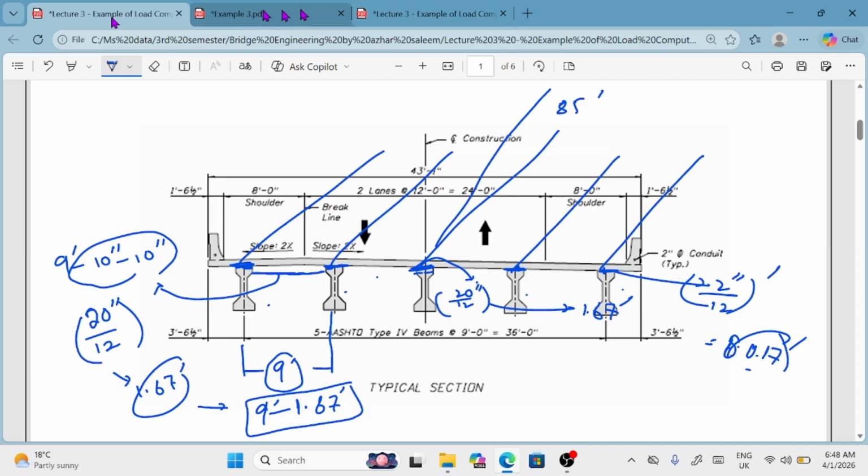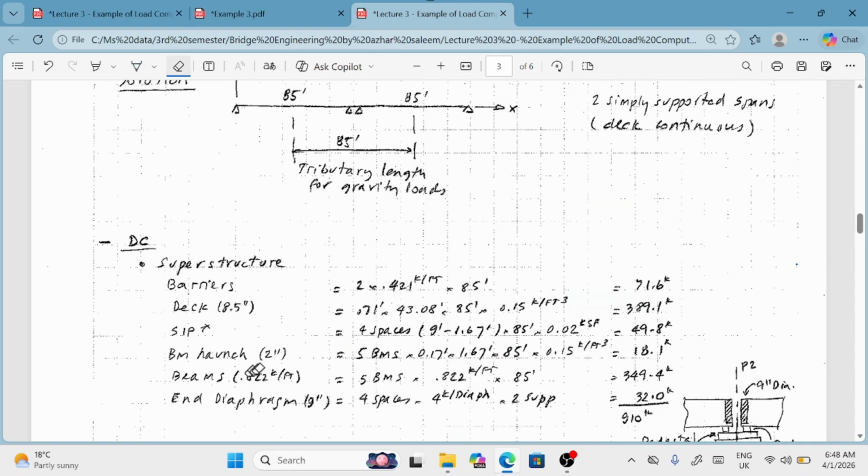Okay, so there are 5 beams, its thickness, its width, its length, and concrete unit weight. So 18 kip is the weight of beam haunch on the pier.